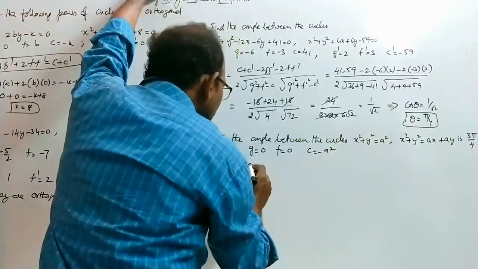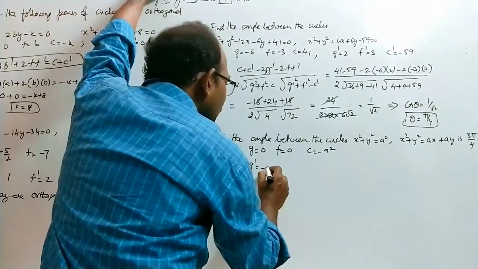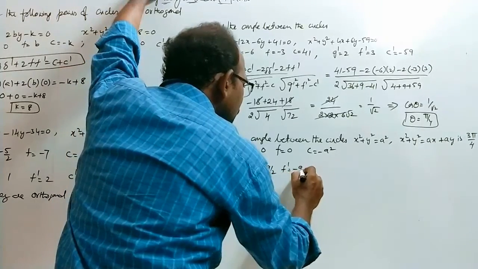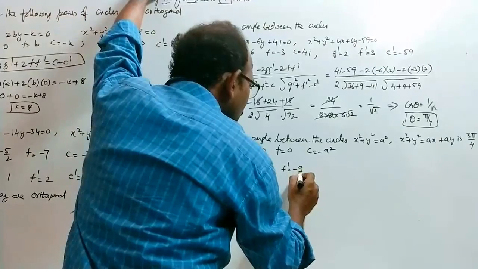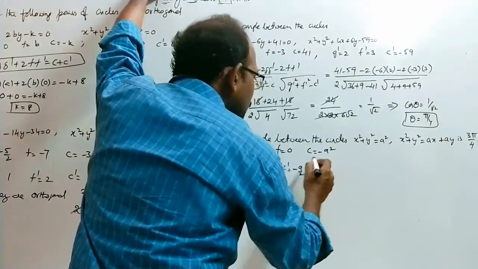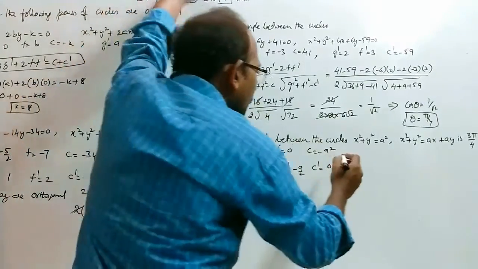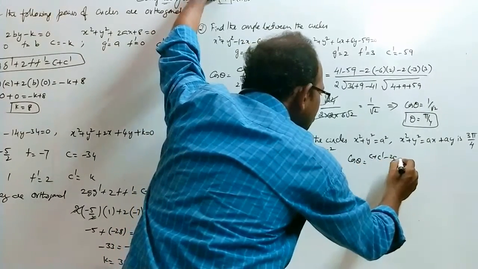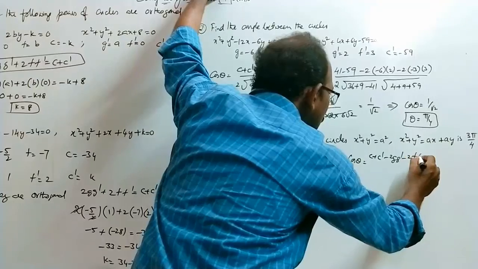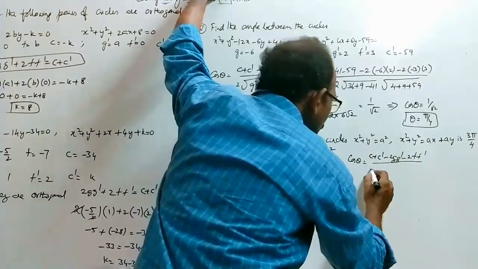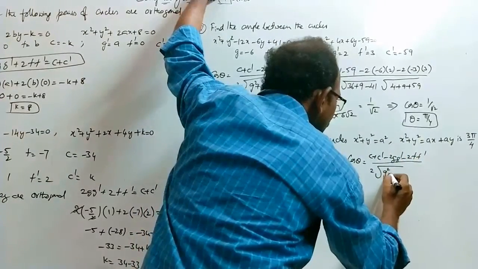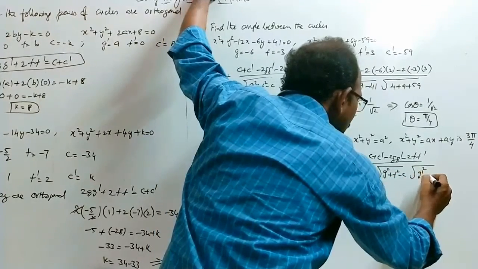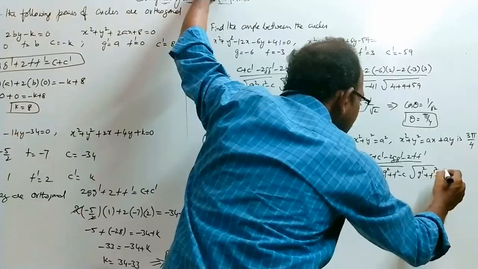From this circle, G dash is equal to minus A by 2, F dash is equal to minus A by 2 and C dash is equal to 0. Again, formula same. Cos theta is equal to C plus C dash minus 2GG dash minus 2FF dash by 2 into root of G square plus F square minus C into root of G dash square plus F dash square minus C dash.